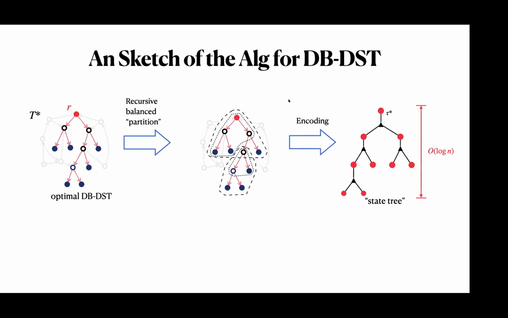Then we can encode this partition procedure using an object we call a state tree. Since this is a balanced partition, the state tree will be a full binary tree with very small depth, order log n, since T star has only order n vertices.